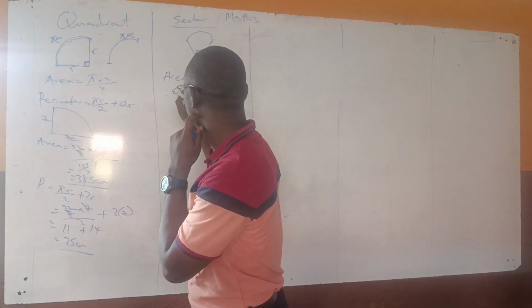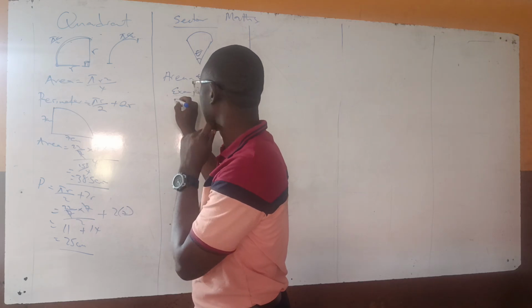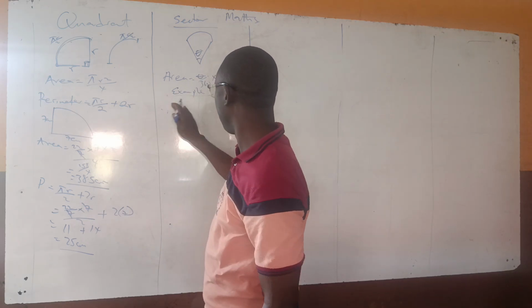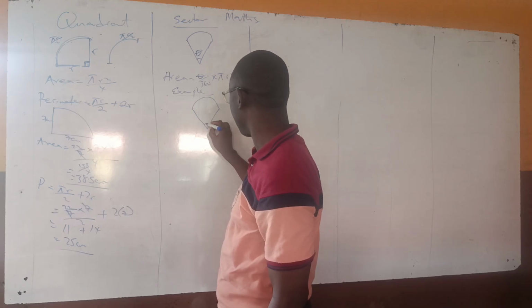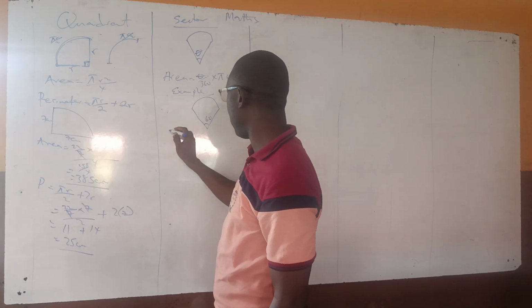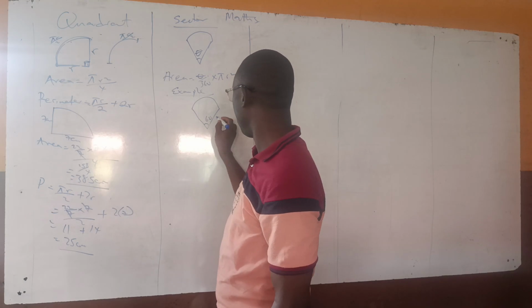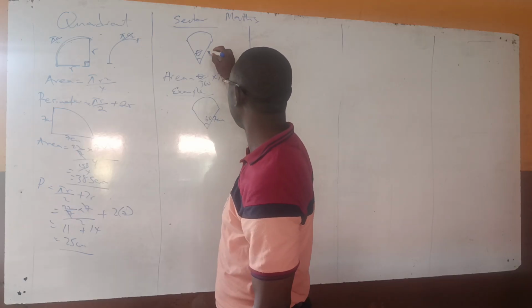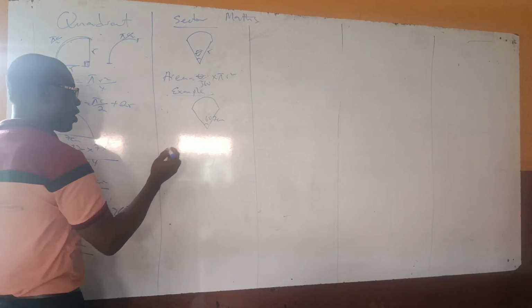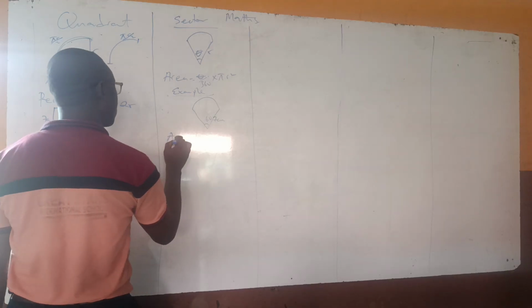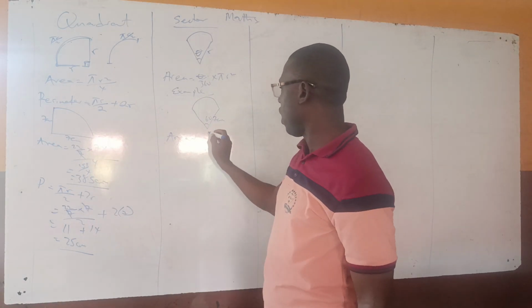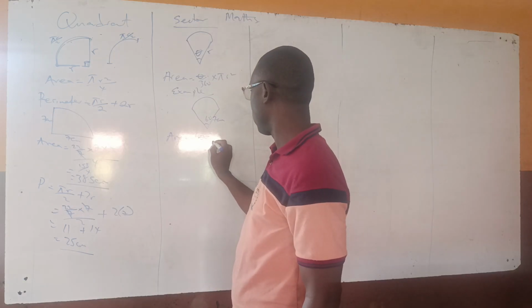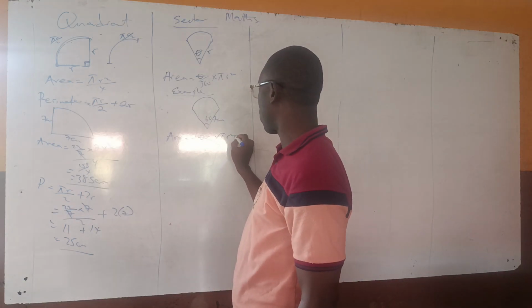So we have what? As an example, if we have a sector of this sort, 60 degrees, find the what? The area. 7 centimeter. Okay, so your area is what? Theta over 360 times pi r squared.